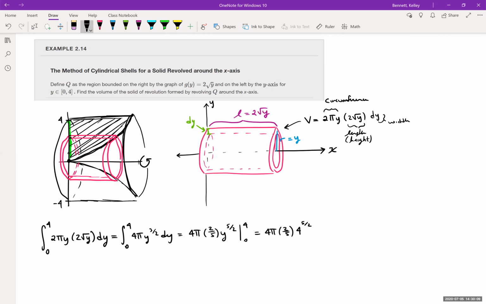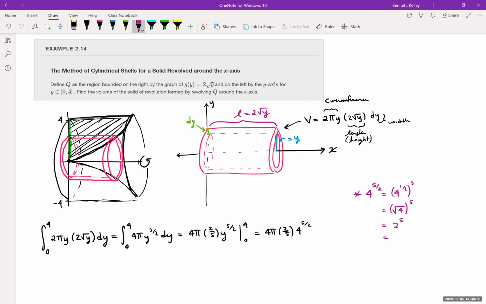Here's how I do 4 to the 5/2 in my head. First, I do the halves part. The halves just means square root. So maybe we'll just do this over here real quick. 4 to the 5/2 is really 4 to the 1/2 to the 5th. 4 to the 1/2 is the same thing as saying the square root of 4, which I'm very confident is 2.